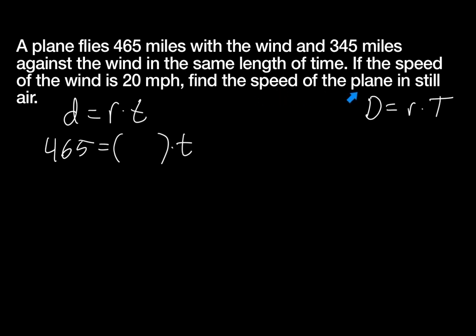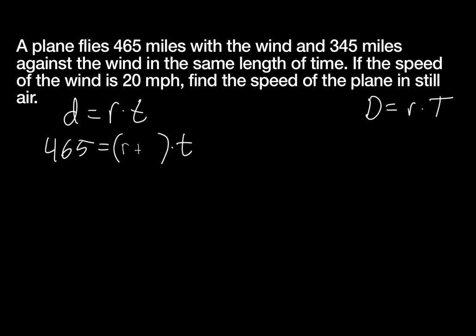So in looking at that, the speed of the plane is not identified yet, because later we're going to find the speed of the plane in still air. So here, when it flies with the wind, that means the rate of the plane is being enhanced by the wind.